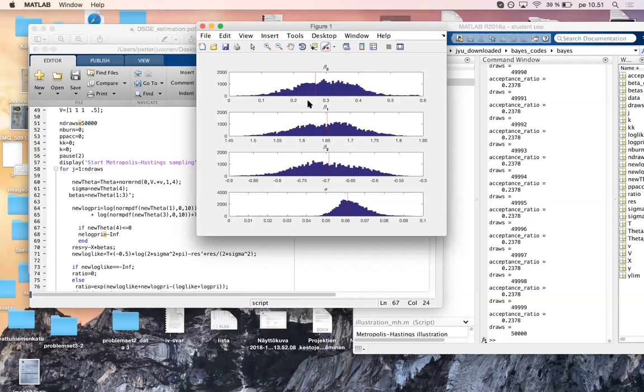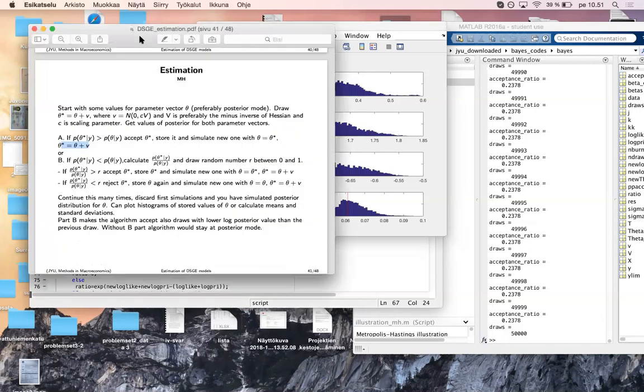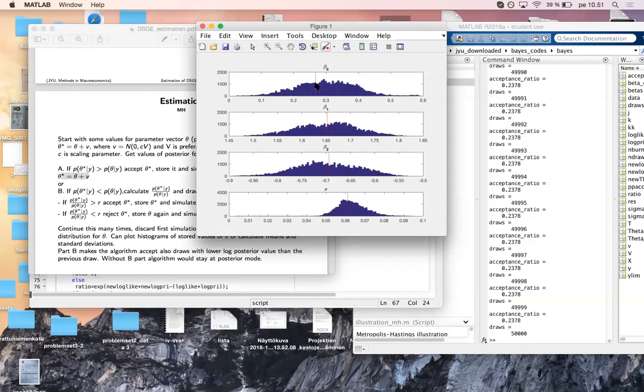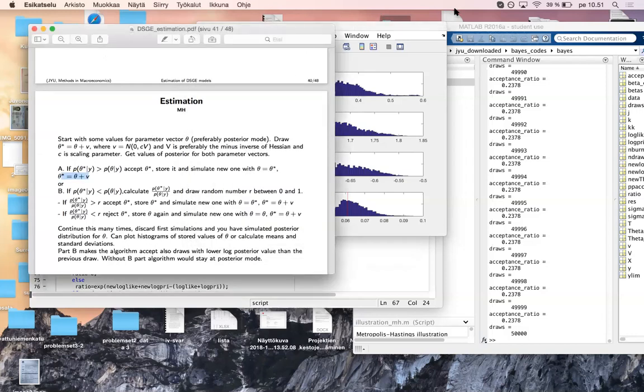And if we didn't have this accept-reject step here, we would never move from the posterior mode to these areas where this posterior density function has a lower value. Okay, so this was an illustration for the Metropolis Hastings algorithm.